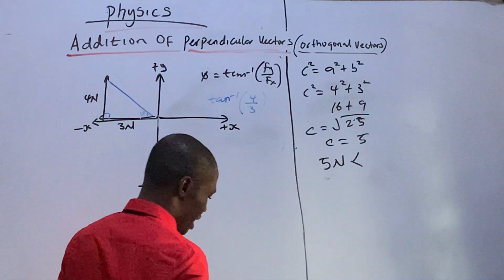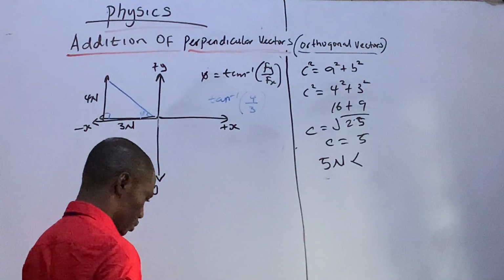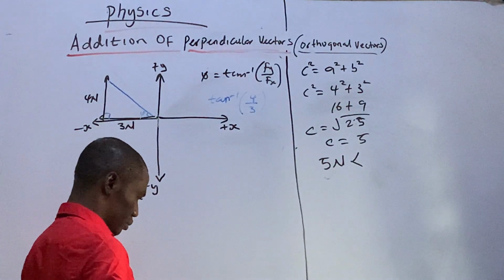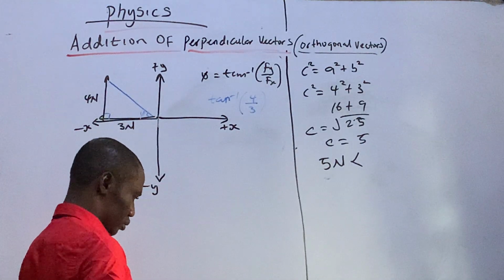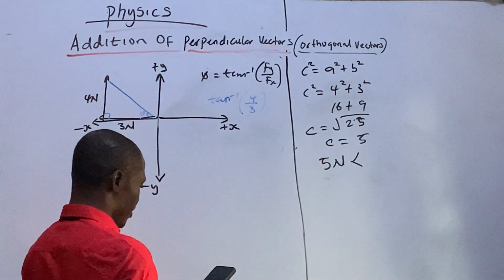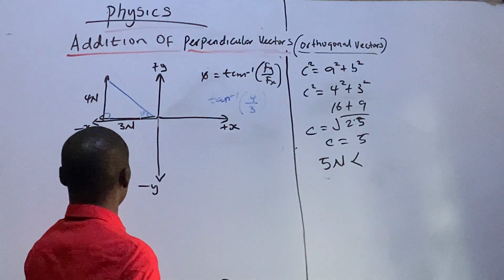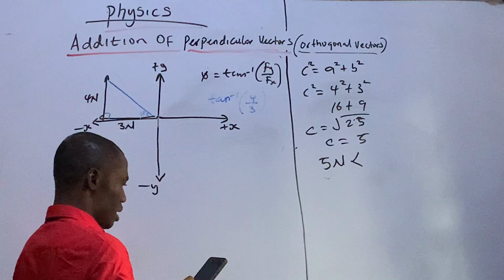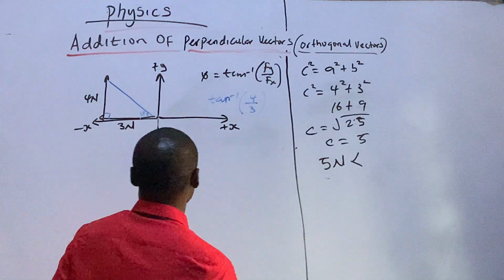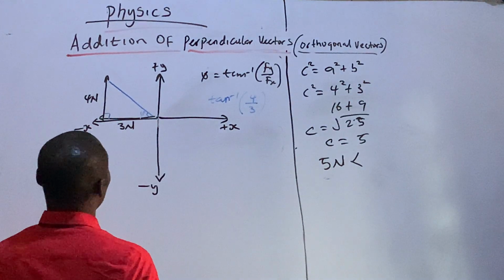Let's do that in our calculator. Okay, the tan inverse, shift tan, of 4 divided by 3. I'm having 53 degrees. So what I have here is 53 degrees.